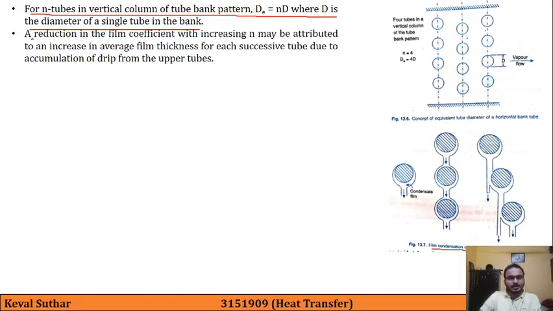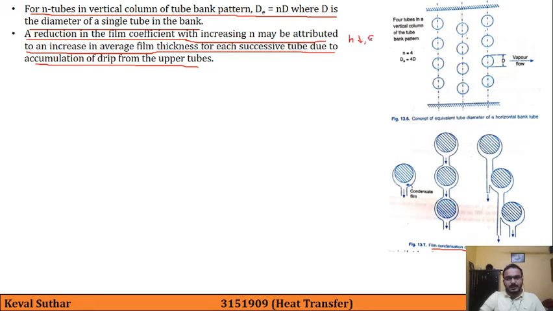A reduction in film coefficient with increasing n may be attributed to an increase in the average film thickness for each successive tube due to accumulation of drip from the upper tubes. So this is important: in such cases h will decrease. Why?